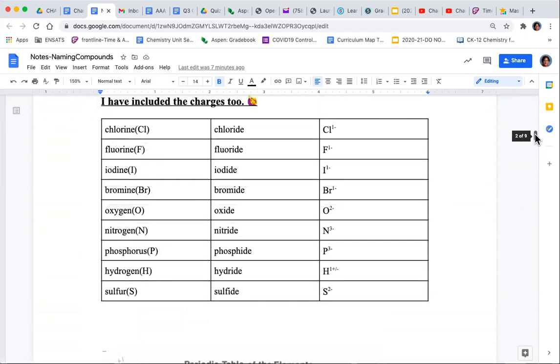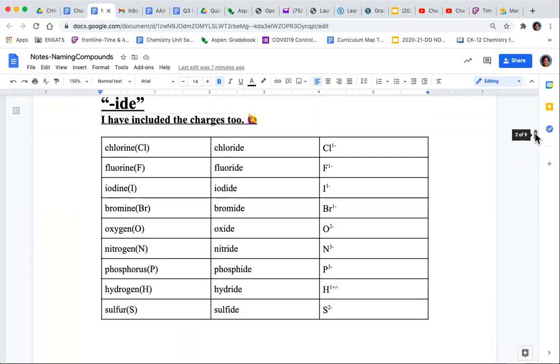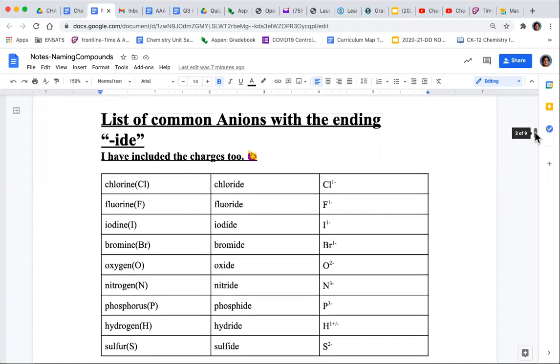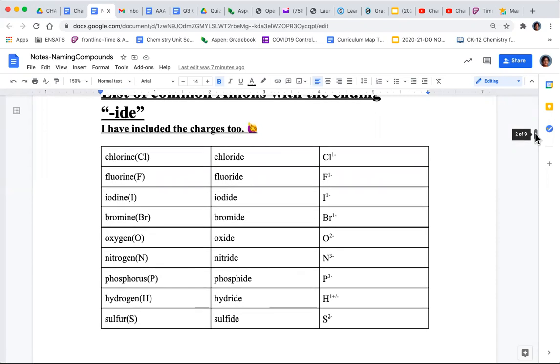Here you go. Fluorine, fluoride; iodine, iodide; bromine, bromide; oxygen, oxide; nitrogen, nitride; phosphorus, phosphide; hydrogen, hydride; sulfur, sulfide. So these are the last names for ionic compounds.